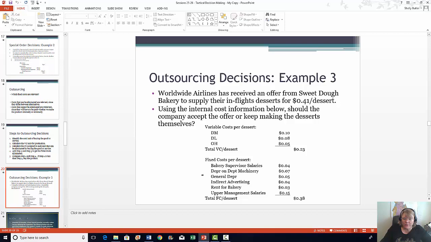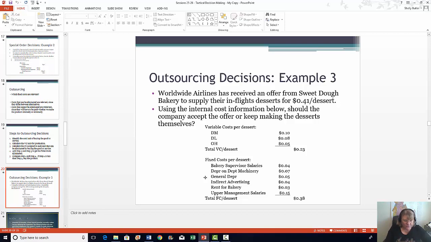The bakery supervisor, yes, if we're not baking these, the bakery supervisor has to get a new job. Depreciation on department machinery, that can go too. The general depreciation, no, because the depreciation on the factory, they have other departments in there, so no, you can't eliminate that.